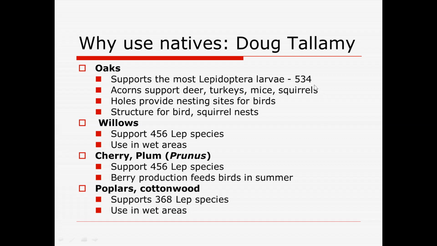Now these are East Coast numbers. I don't know what the corresponding West Coast numbers are, but oaks support the most worm larvae, Lepidoptera, butterflies, moths, over 500 back east. Baby bird food. The acorns support deer, turkey, mice, and squirrels. The holes provide nesting sites for birds, and it's a physical habitat for birds and squirrels.